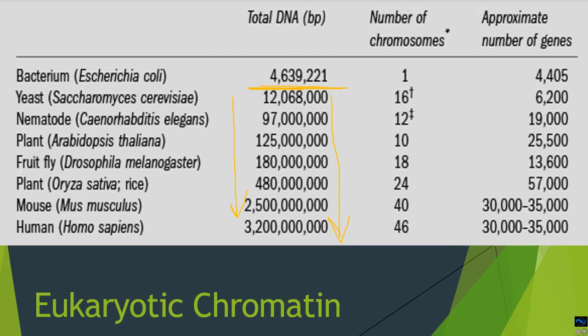Not only does the size increase, the number of chromosomes also increases. In E. coli, as I already told you, the whole genome is present as a single nucleoid, which is referred to as 1 in reference. As we move down the table, eukaryotes have more and more chromosomes until we reach humans, where the number of chromosomes is usually 46. So the number of chromosomes, the total size of the genome, and the number of genes in eukaryotic cells are much higher than in prokaryotic ones.